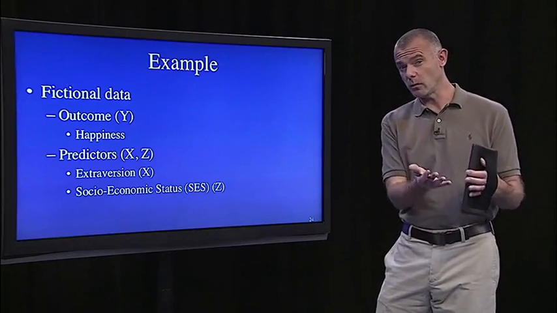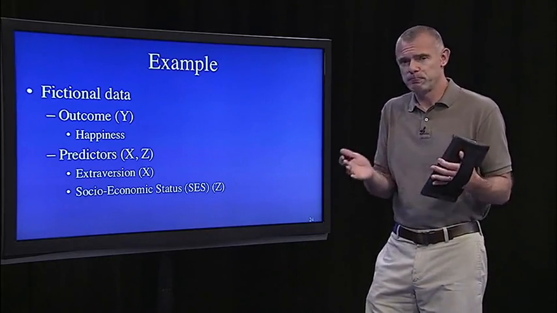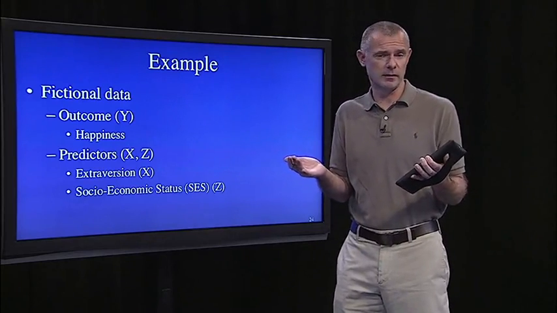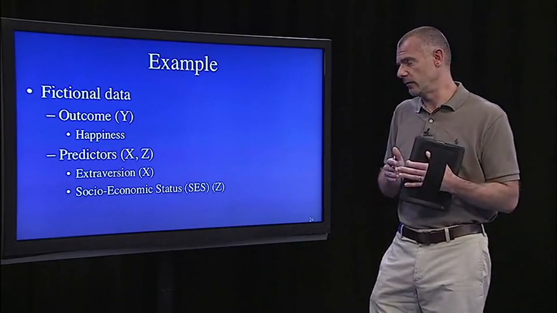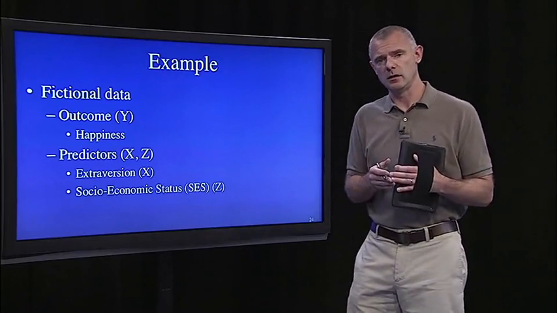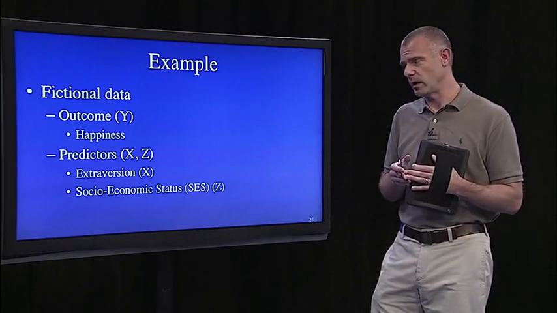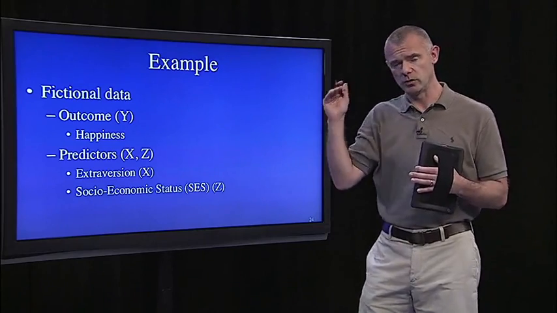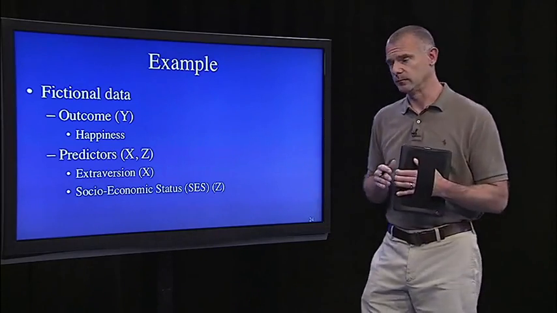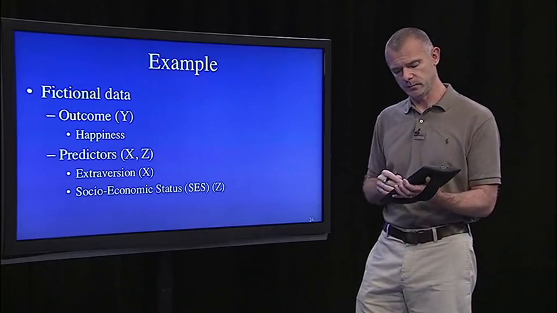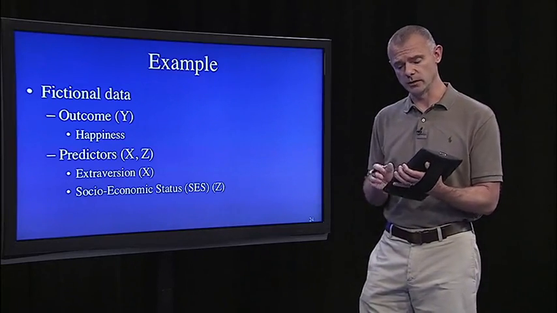If we look at people with lower socioeconomic status, maybe that positive relationship isn't there. Or even more strongly, maybe the effect is negative. So maybe greater extroversion predicts lower life satisfaction or happiness. And that's what we'll test with this moderation analysis.